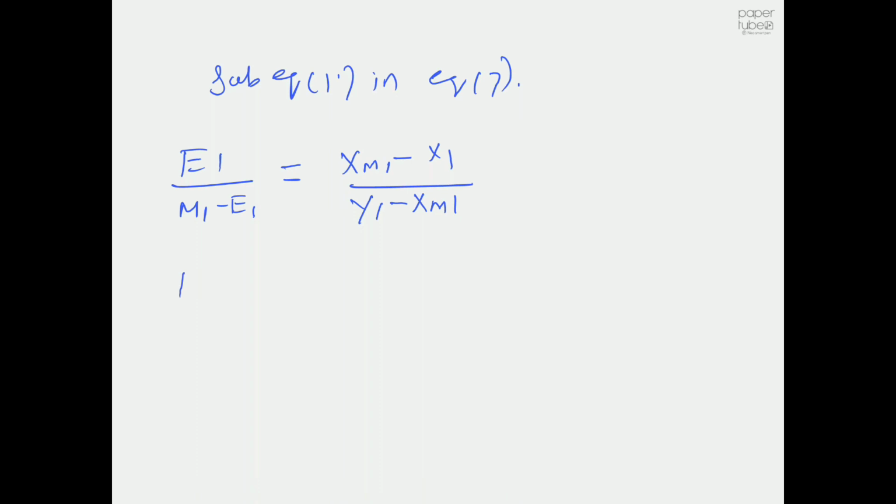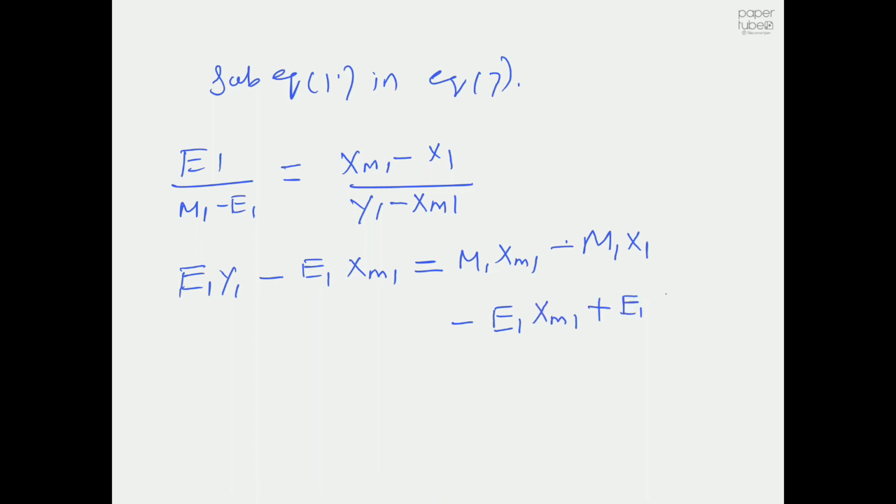So we just need to expand: E1 Y1 minus E1 XM1 equal to M1 XM1 minus M1 X1 and then minus E1 XM1 plus E1 X1. If you look at this expression, minus into minus is plus, E1 multiplied by X1, plus into minus M1 X1. Everything looks fine to me. So these two values get cancelled, both are the same.